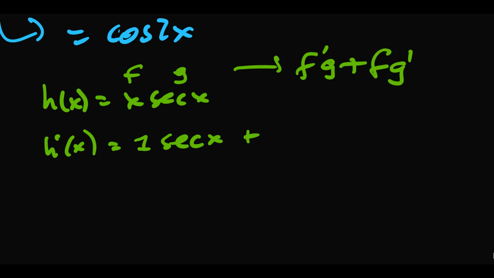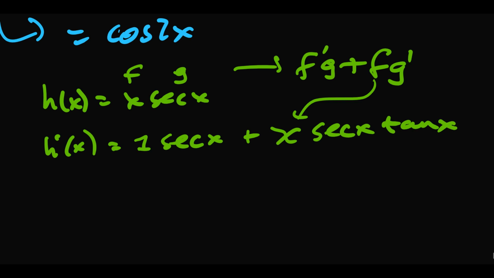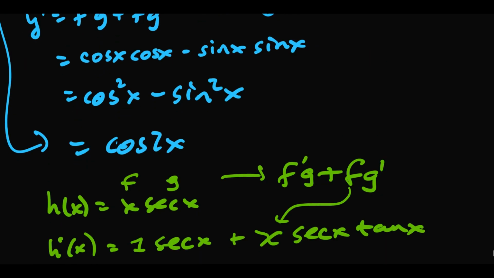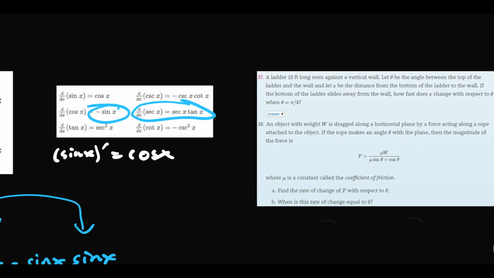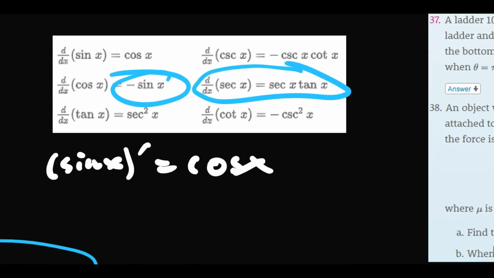That's 1 times secant x, plus x times the derivative of secant, which is secant tangent. I need you to memorize these. Yes, you need to memorize all of these. The derivative of secant is secant tangent.